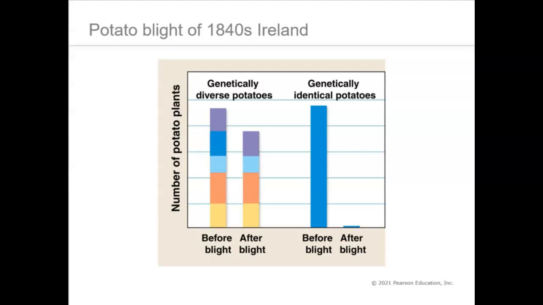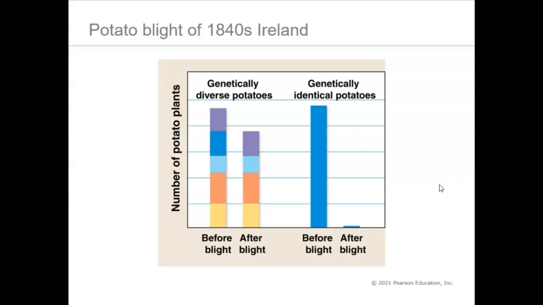And it affected all the potatoes because all of the potatoes were genetically identical. It was a monoculture. They didn't have any genetic diversity, and so the potatoes could not develop resistance to the potato blight because that resistance was not there. And so it just wiped out the entire agricultural potato population.